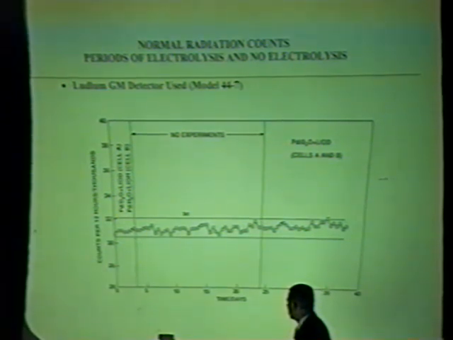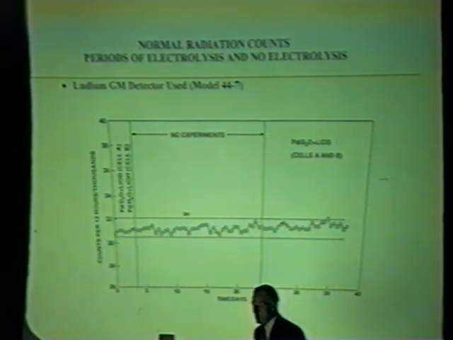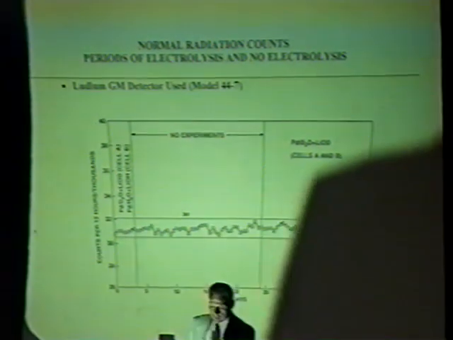Here we had ordinary palladium D2O electrolysis going on, and everything was normal. We had no experiments going on during this period, no difference. We had another experiment set up over here, actually 2. We always ran 2 cells in series, and again, nothing unusual. That was the normal behavior that we saw with these detectors.